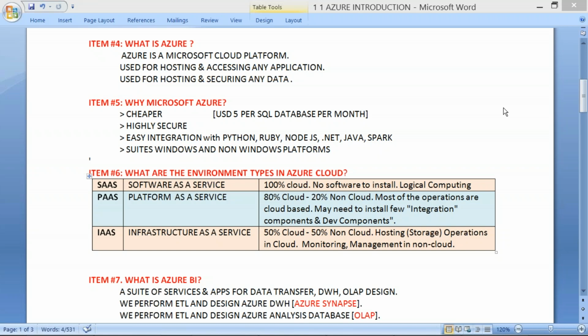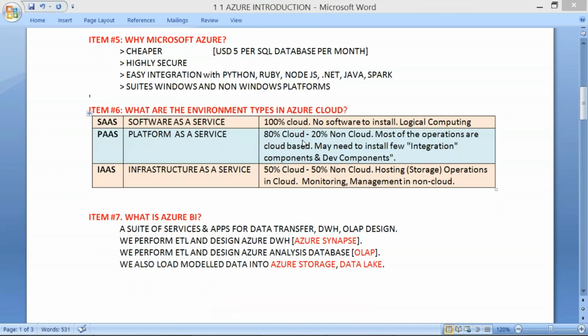Next, apart from this, we have the next item. The components whose implementation involves 80% cloud, 20% non-cloud. So here most of the operations are cloud based and a few additional operations require say non-cloud activities.